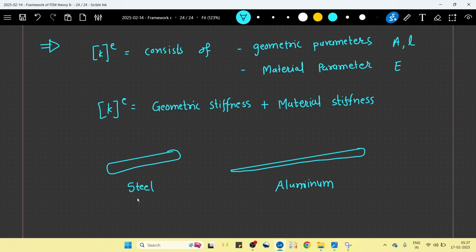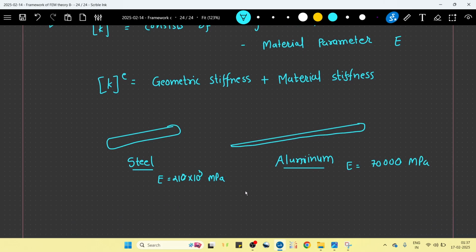For steel, the material stiffness E is high compared to aluminium. Aluminium's Young's elastic modulus is 70,000 megapascal. So steel is stiffer than aluminium.